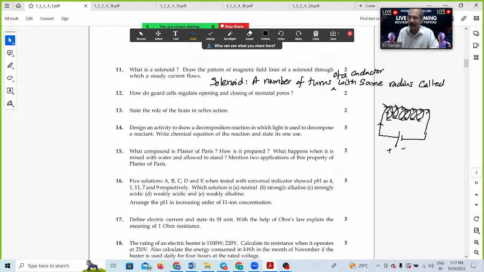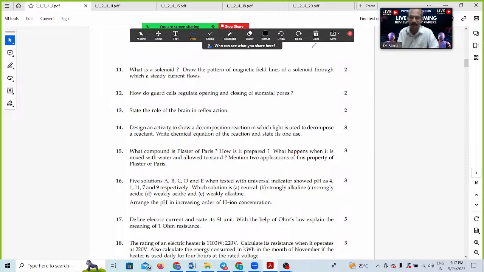Now at the top and bottom of the wires, there are loop lines, and through the axis, there is a straight line. Let's say this is north and south. Current direction is from north pole to south pole outside, and through the axis south pole to north pole, we need to give the arrow marks. So for this, they'll give 2 marks.